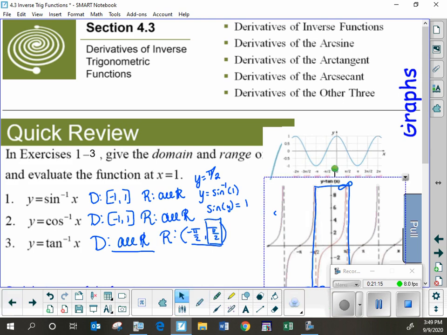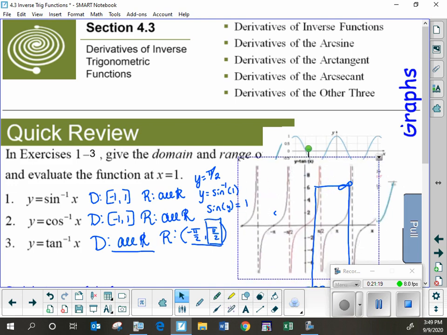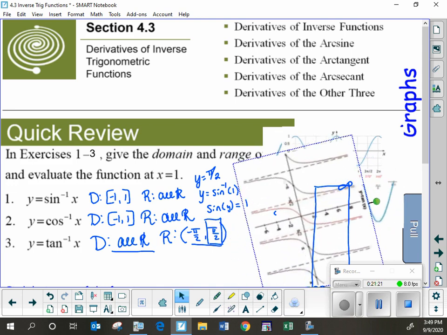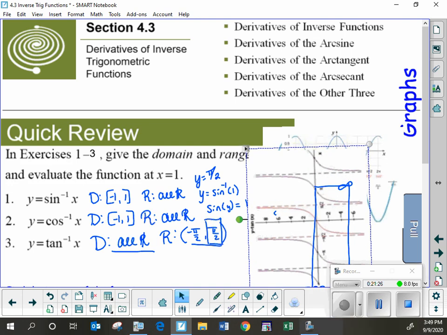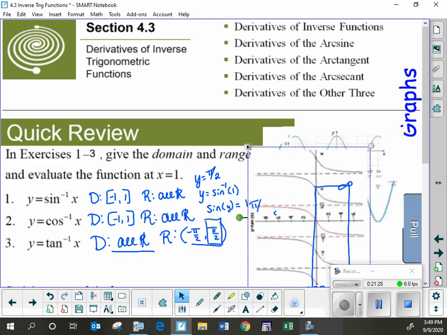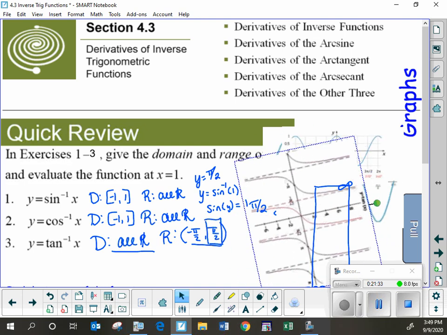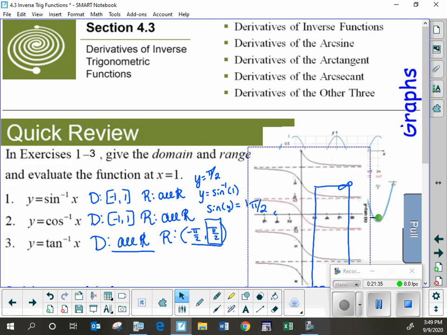I wanted to turn it this way though. That's not quite giving me what I want. Anyhow, you can see how it's going to be pi over 2, but maybe I have to rotate and flip, because this should look like that, because it's a reflection over the line y equals x.